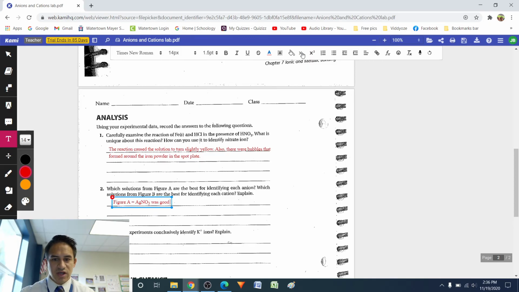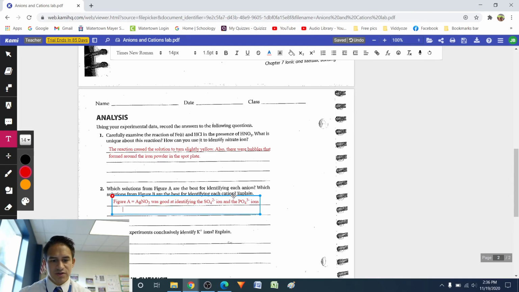AgNO3 was good at, make sure that our subscript is off, was good at identifying the SO4, so the SO4 2- ion, and the PO4 3-, so the phosphate ion and the sulfate ion. Okay, so AgNO3 was good at identifying the SO4 2- and the PO4 3- ions.